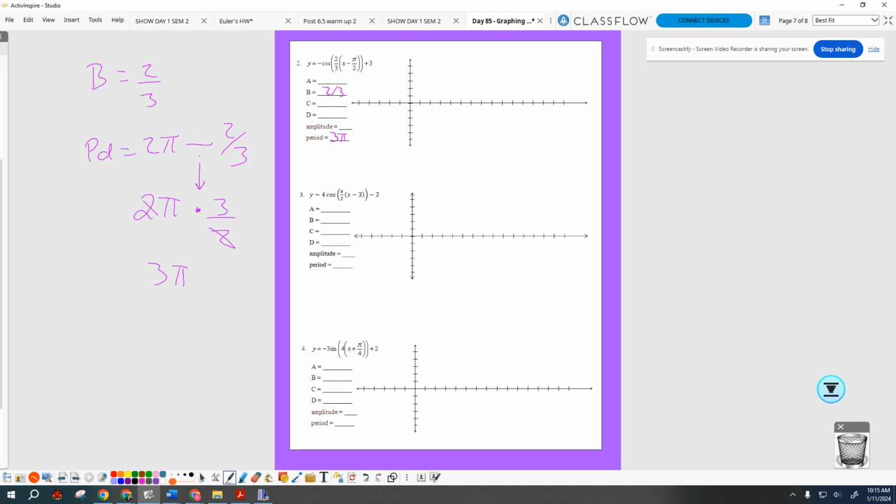Okay, all right. So now I would put in a dotted line for the vertical shift. And then is there a phase shift? Do I move it left or right anywhere? Right, pi over 2.